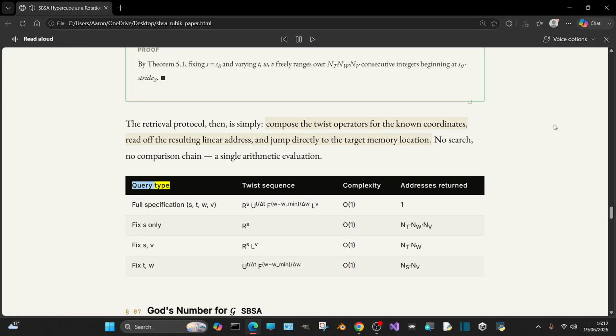Query type, twist sequence, complexity, addresses returned. Full specification (S, T, W, V).